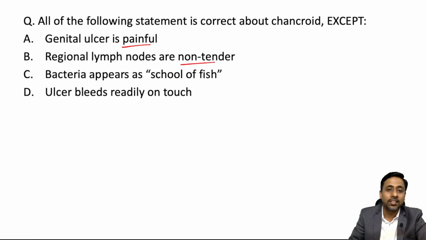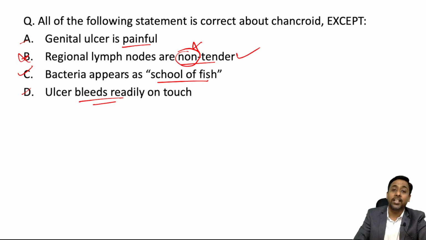So this is incorrect. Bacteria appear as a school of fish or railroad track appearance, and the ulcer bleeds readily on touch, if you remember. So all these three are correct except this. So the answer is regional lymph nodes are non-tender.